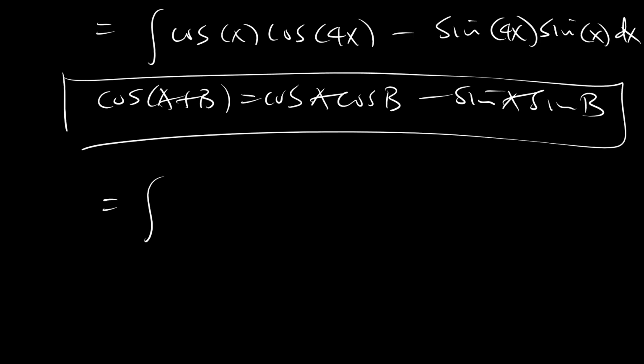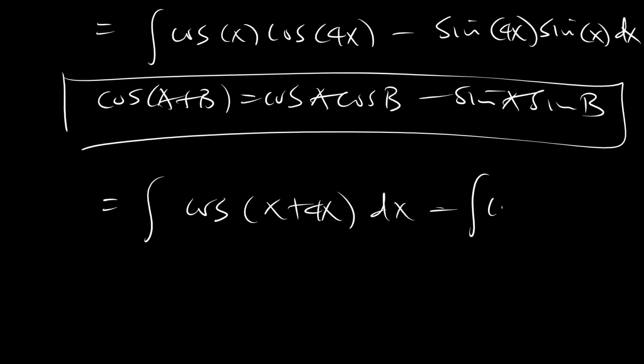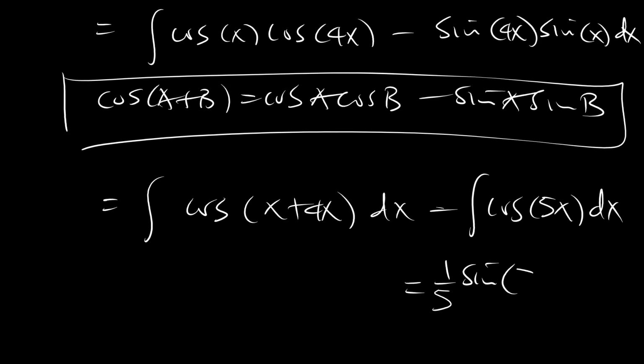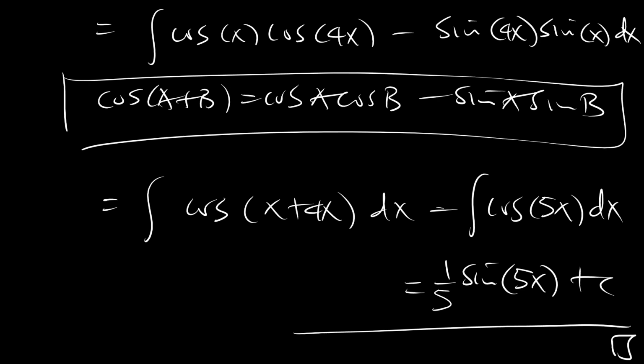That means we have cosine of x plus 4x, which is cosine of 5x. And this really is a half sine of 5x plus the integration constant. So that's actually our answer.